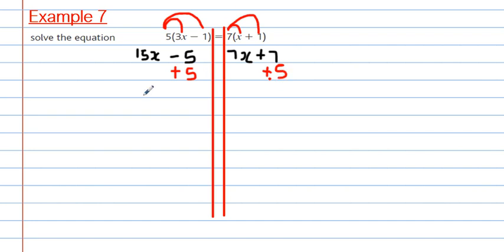Now I tidy. That's gone. So on this side I will have 15x. And on this side I still have the 7x. And I have my 7 plus 5, which will give me plus 12.